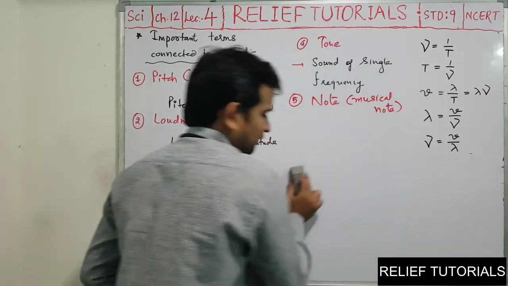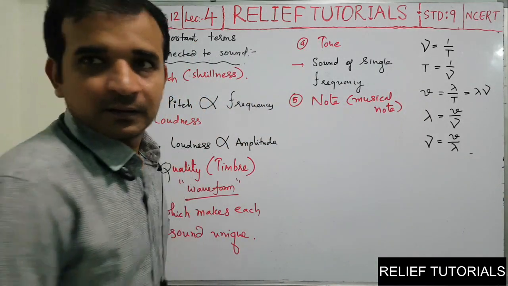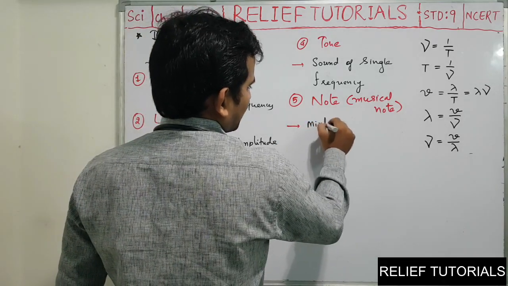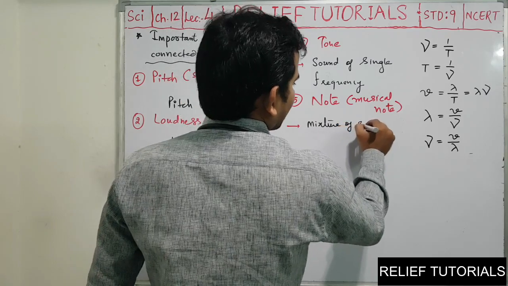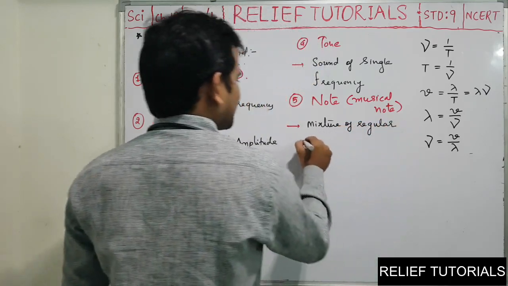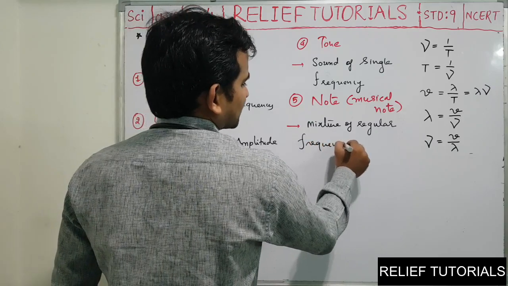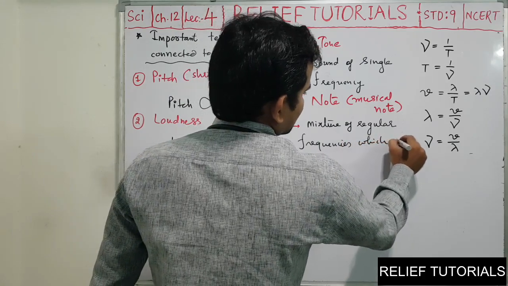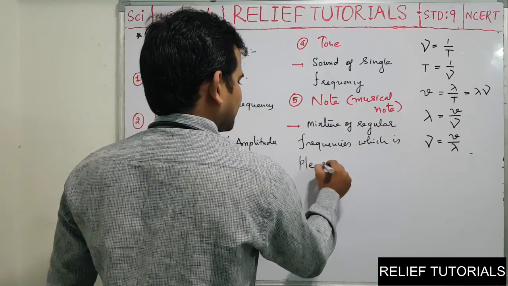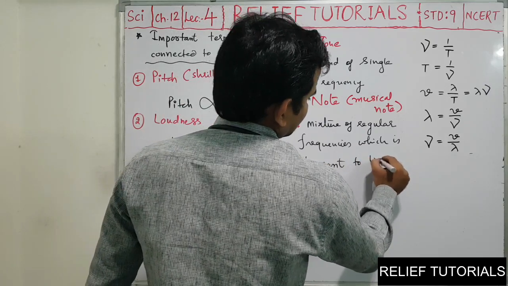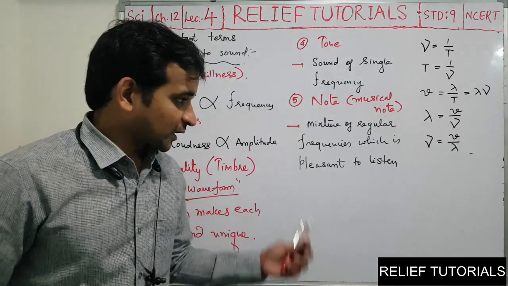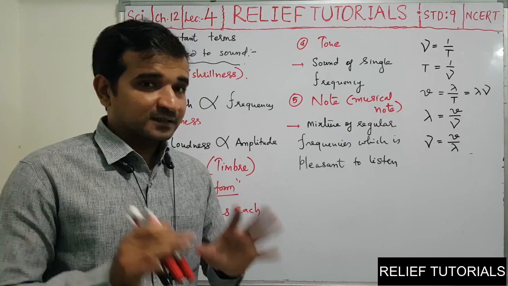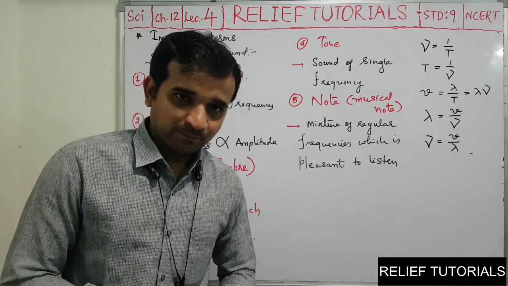It is a mixture of regular frequencies which is pleasant to listen to. That type of mixture which I have just drawn is pleasant to listen to. It's a mixture of many frequencies but still pleasant. It's one type of musical note.